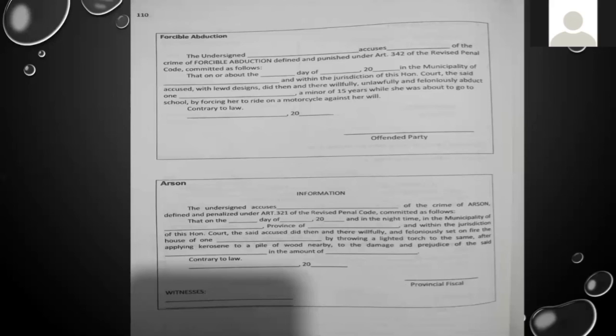Tapos lalagay nyo po yung pretended party, yung parang may next pa pong kaso. Sa information naman po, parang ganun din po, ilalagay nyo rin po yung mga pangyayari, then ilalagay nyo rin po yung mga pangalan ng mga nakasaksi.